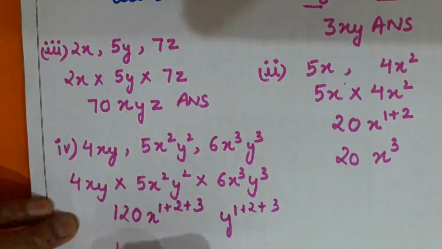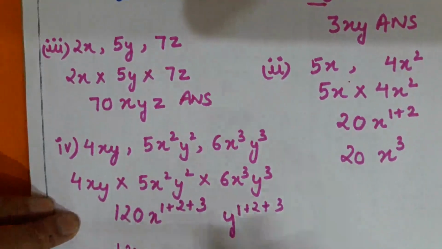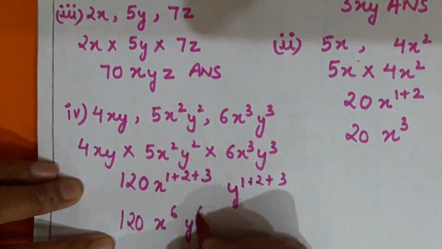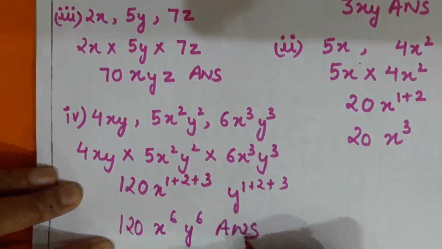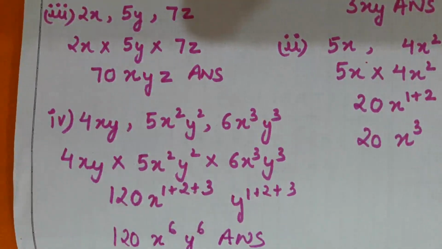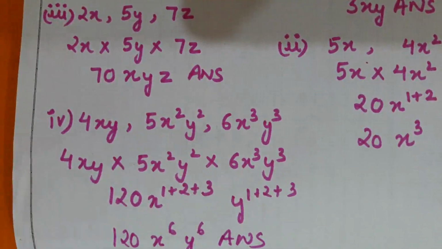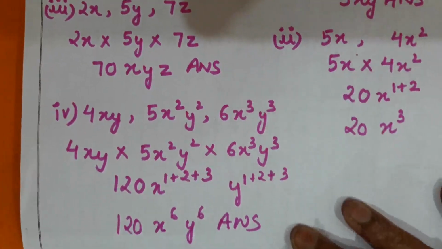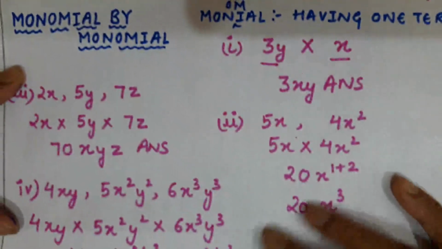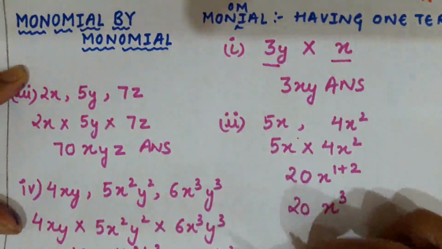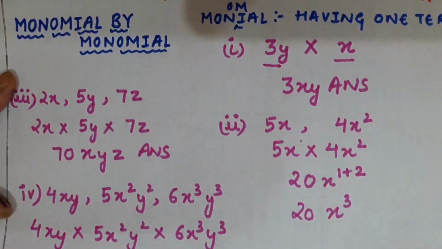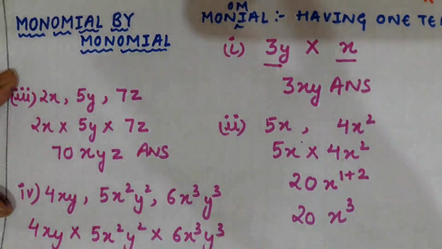So we can write 120 x to the power 6 and y to the power 6. This will be our answer. In this way we can multiply monomial by monomial. We have discussed different types of questions, and this type of question you will get in your exercise. Let's move to the next part.